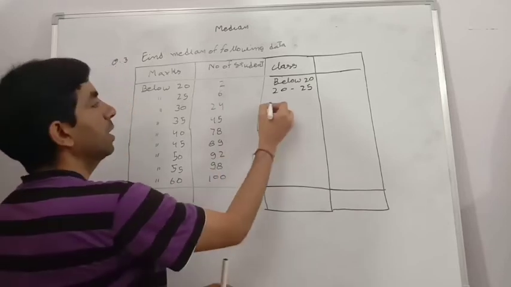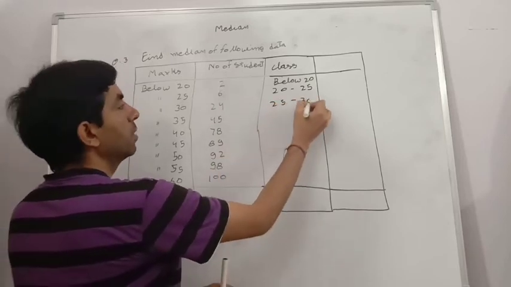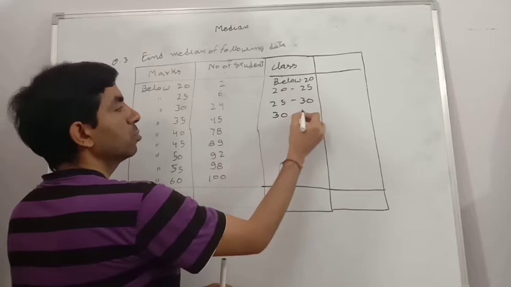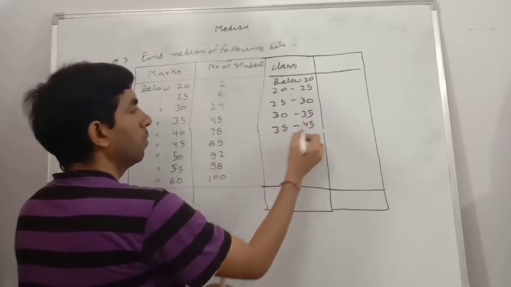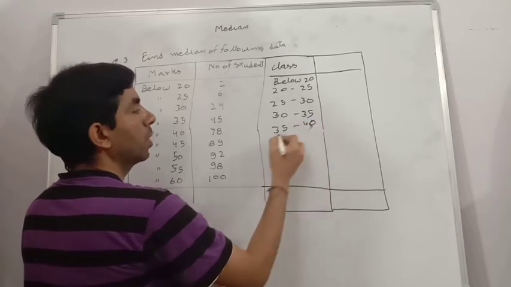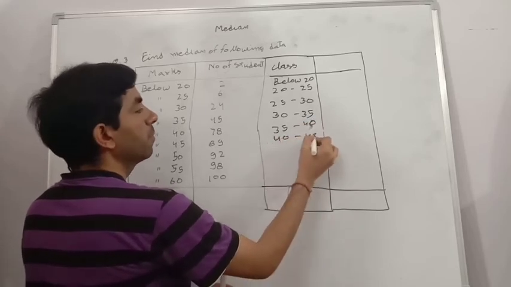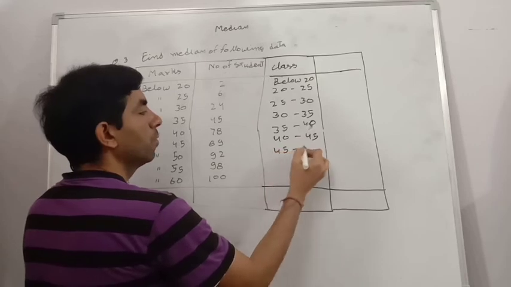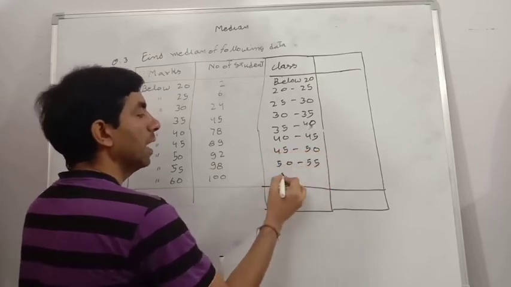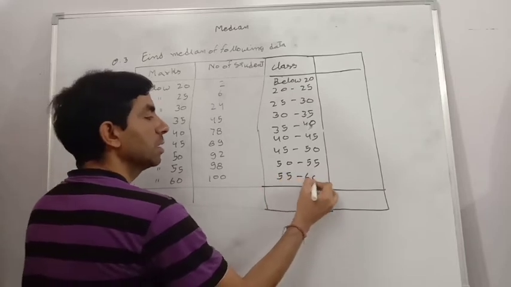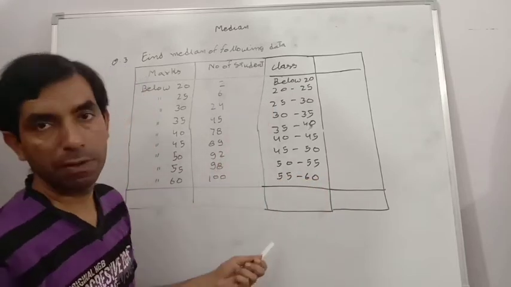Next, 25 to 30. Next, similarly 30 to 35, 35 to 40, 40 to 45, 45 to 50, 50 to 55, and last 55 to 60. Now we get the class interval.